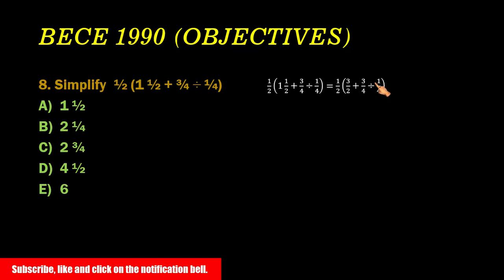We will do the bracket, but in the bracket we'll prioritize division because division comes first before addition. So the first thing is to maintain the first number in the division problem, that's 3/4, change the sign to a multiplication sign, and of course take the reciprocal of the second number, which is 1/4. As you know, the reciprocal of 1/4 is simply 4/1.